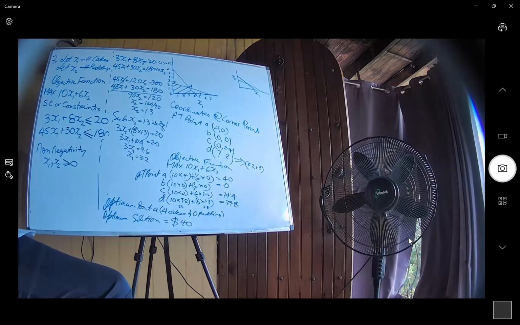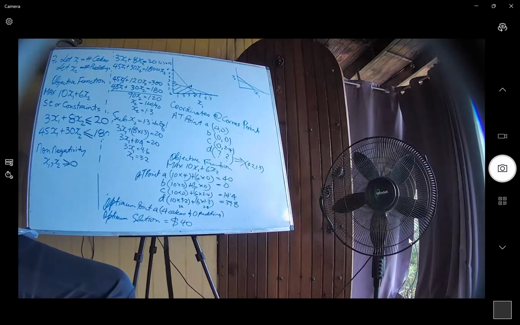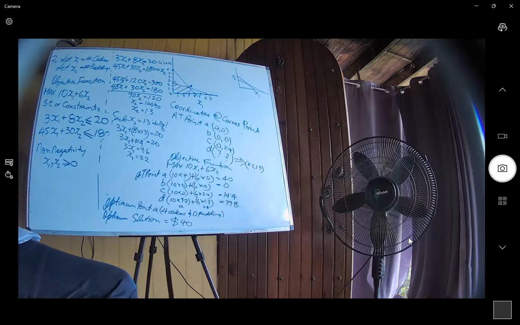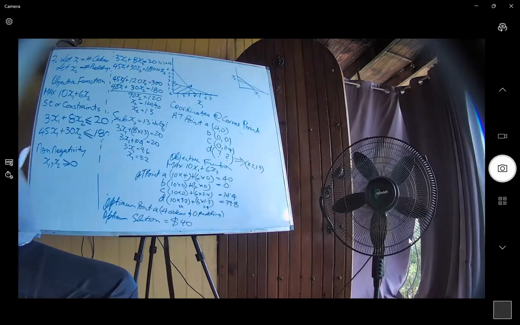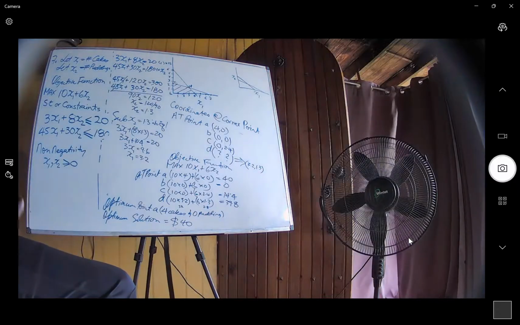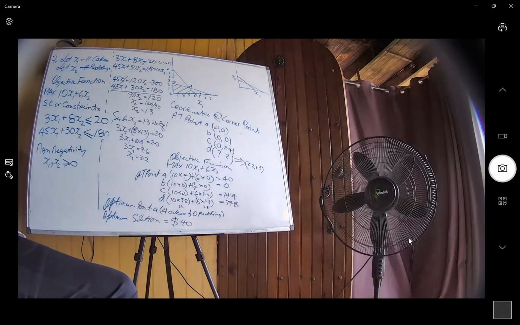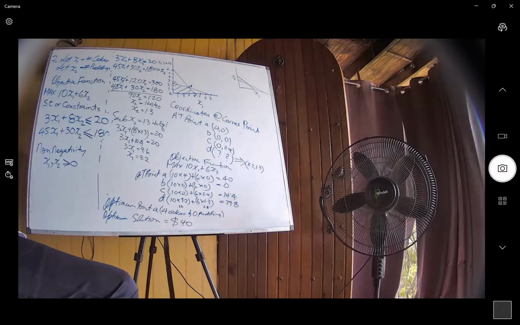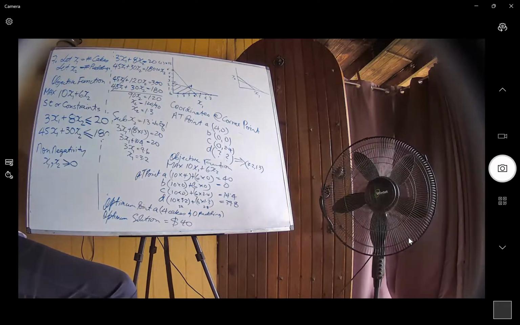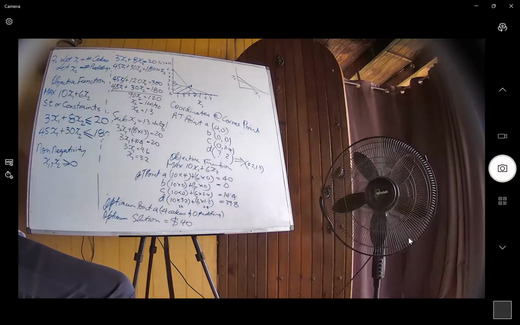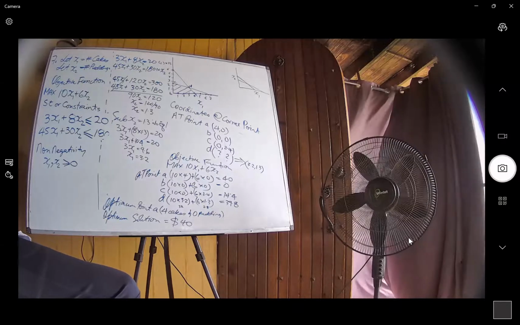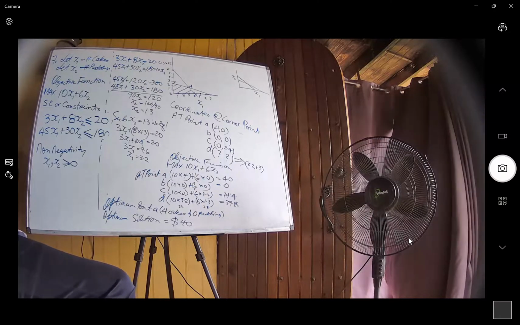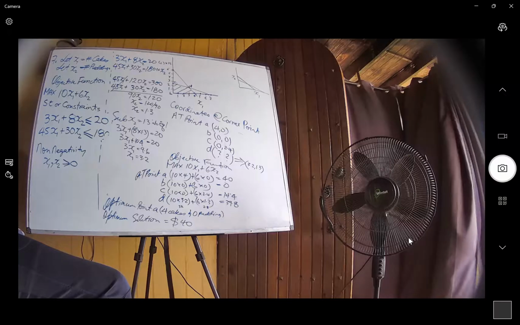Sir, I have my tutorial sheet and worked it out. We get the $40, but the points are different from what's on this sheet. I get 140, the next one I get 18.